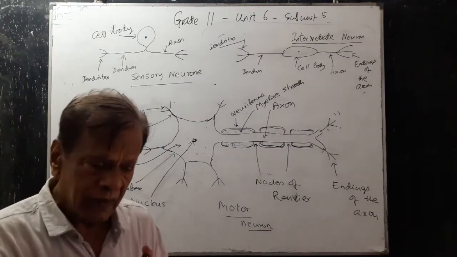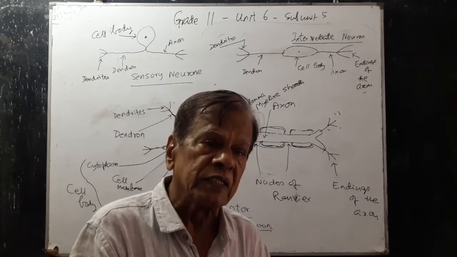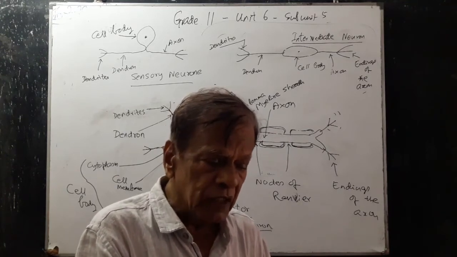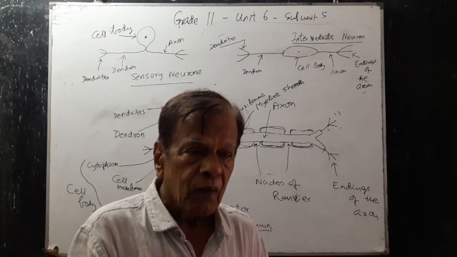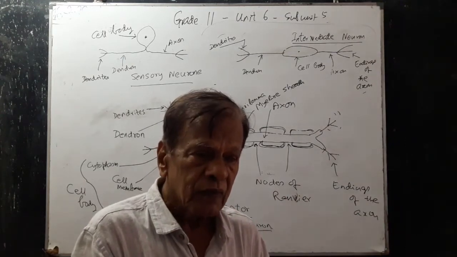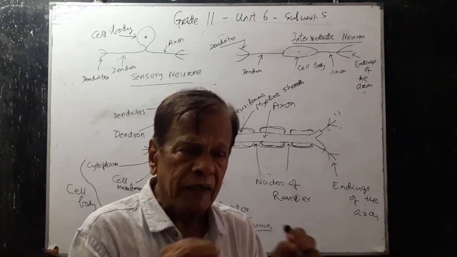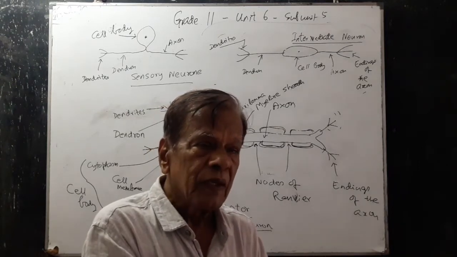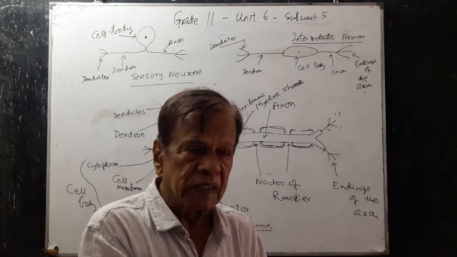Can you remember this actually? What is meant by central nervous system? Central nervous system is the brain and the spinal cord. From the brain and the spinal cord, nerves are connected to the sensory organs and also to the effectors, muscles and glands.